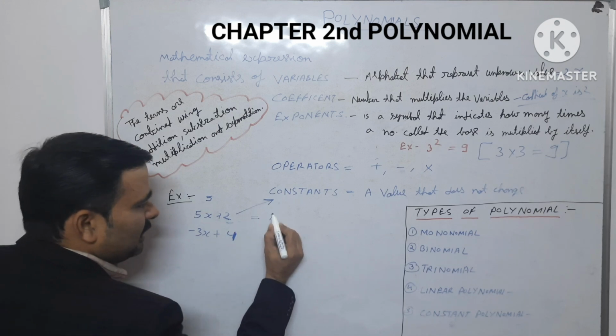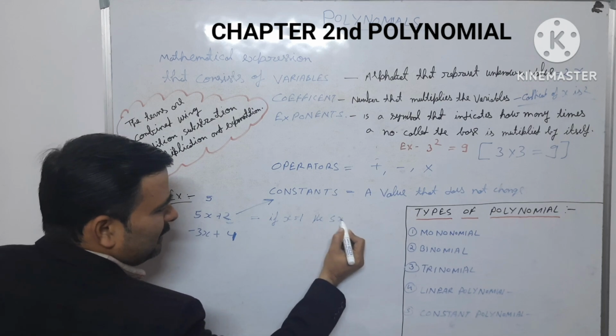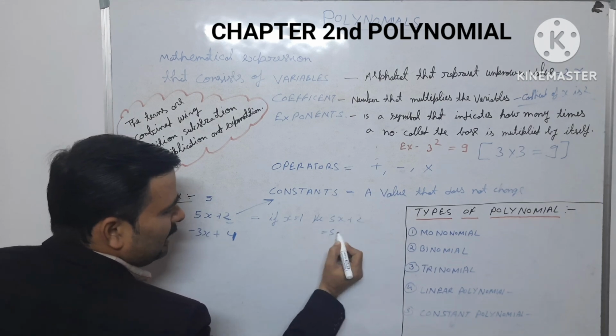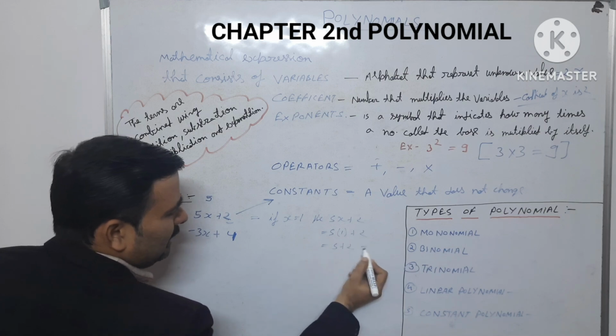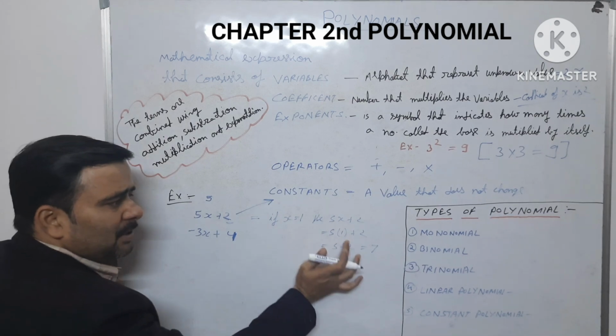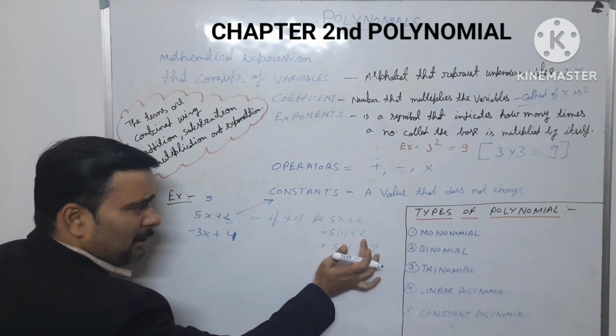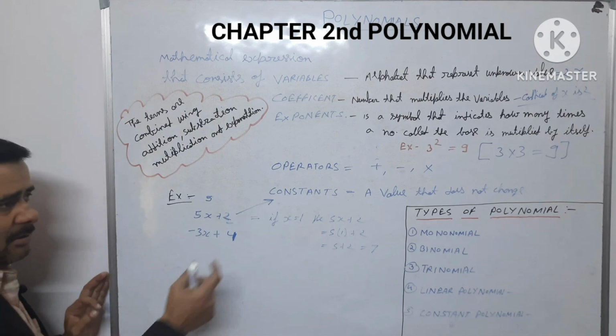For example, if x is equal to 1, then 5x plus 2 is 5 times 1 plus 2, that is 5 plus 2, which is 7. That means whatever the value of x, it will not affect the constant value, which does not change. That is known as the constant.